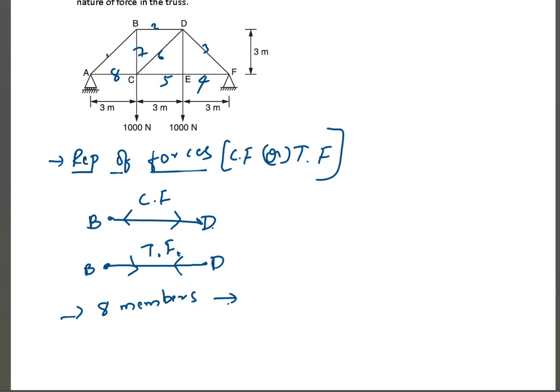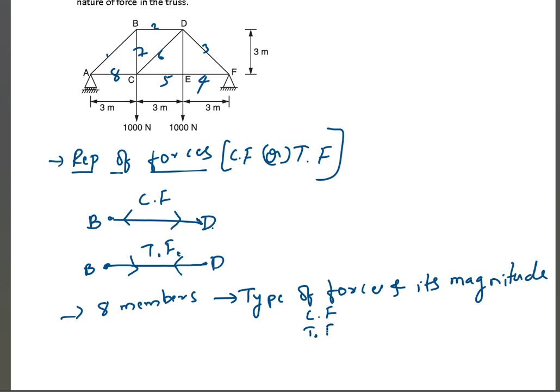So you have to find the type of force present in the member along with its magnitude. Type of force means either it may be a compressional force or it may be a tensional force.